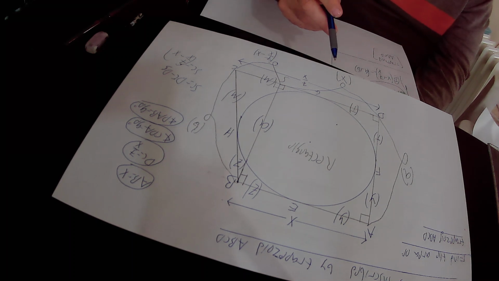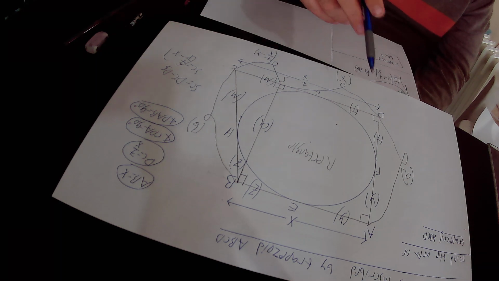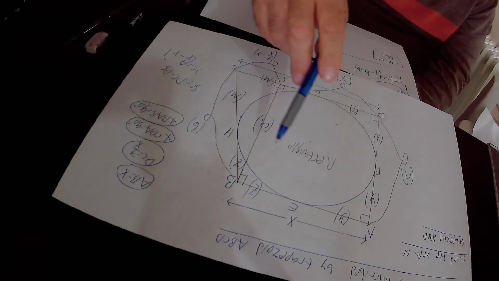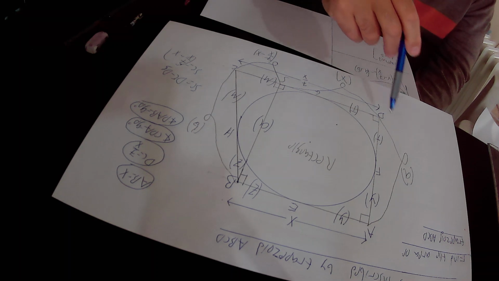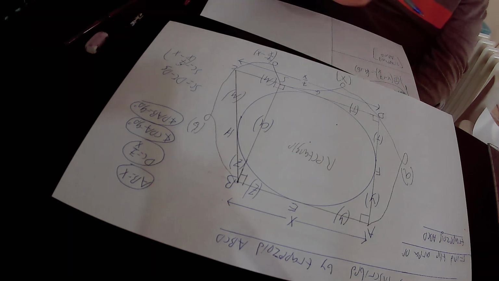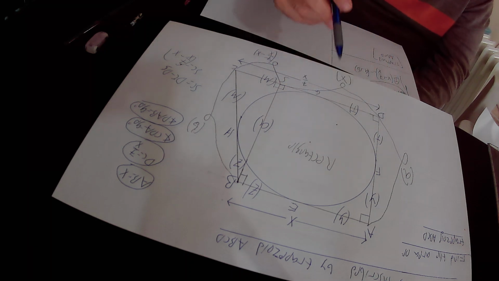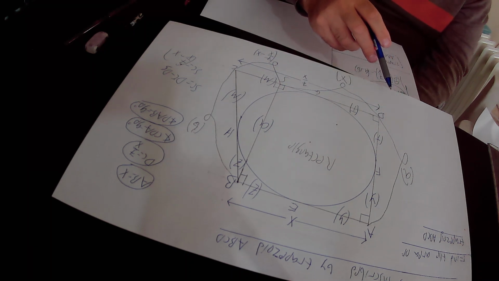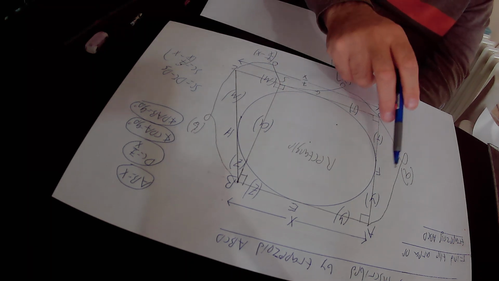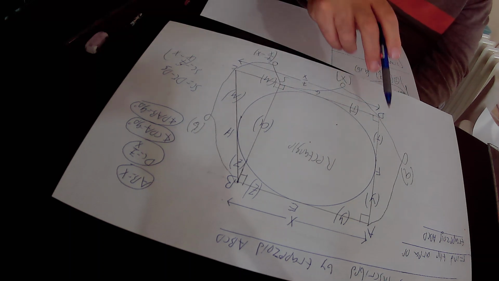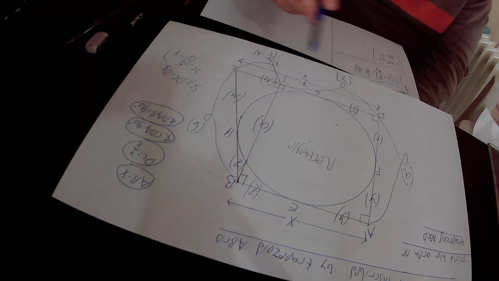Actually, we know that quadrilateral ABSD is a rectangle, and we know that the opposite sides of a rectangle are parallel to each other. So if DS is parallel to AB, then DC also must be parallel to AB. So the two bases are AB and DC.